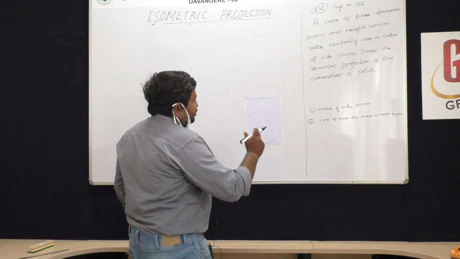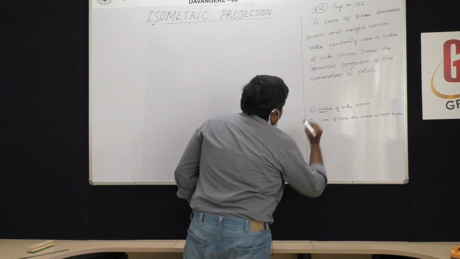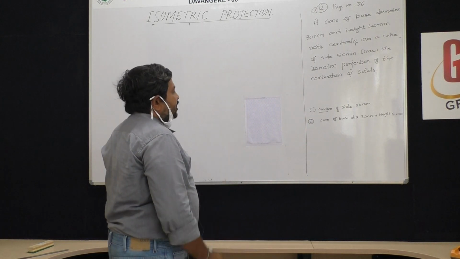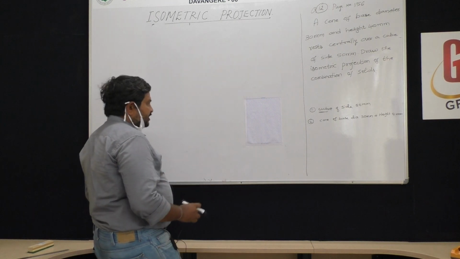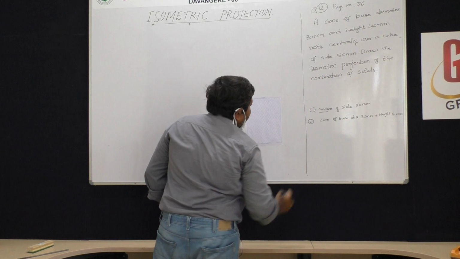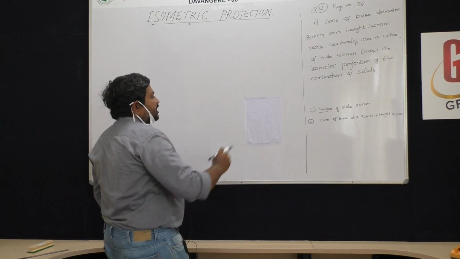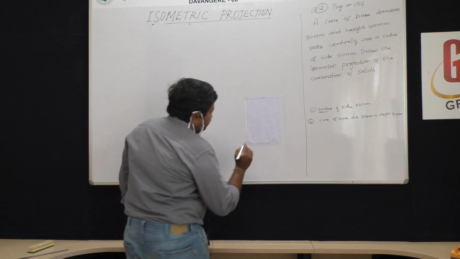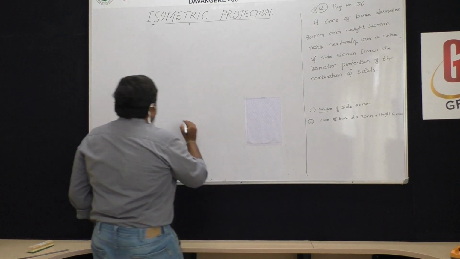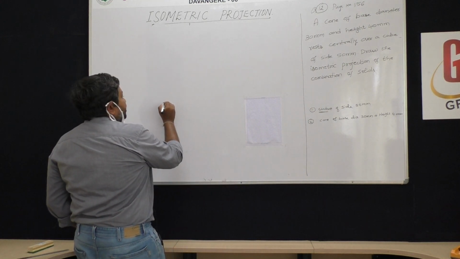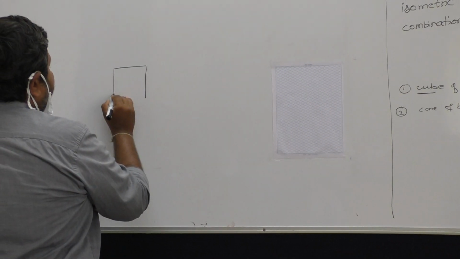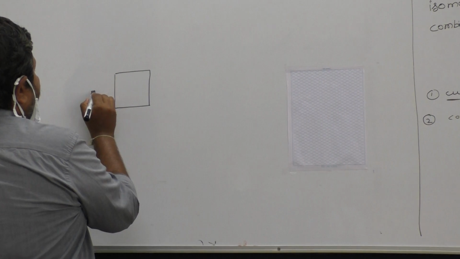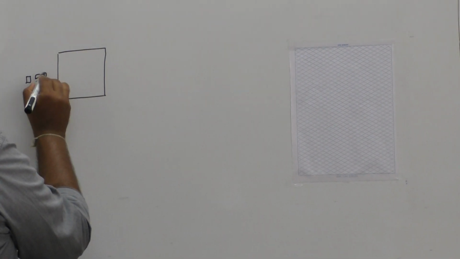In case of a cube, the lateral face is equal to the end face. Here, the first thing is to construct the cube of side 50 millimeter. The end face of the cube is a square of 50 millimeter when we observe from the top.